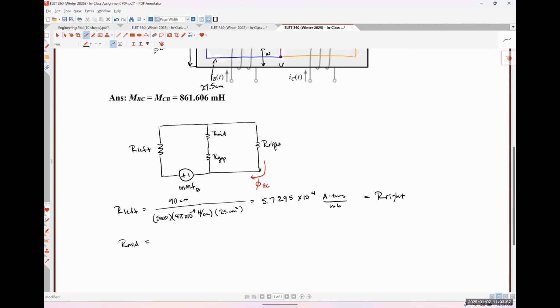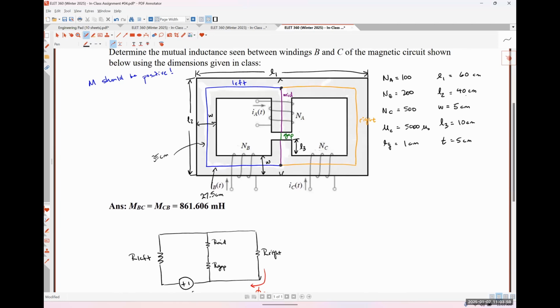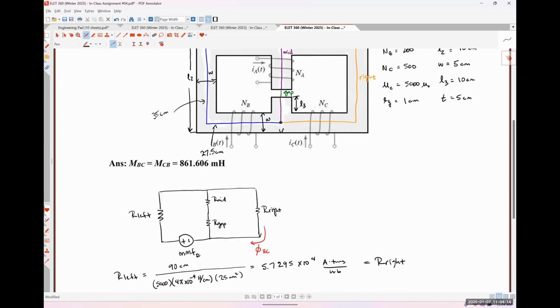So that would be 40 minus 5 minus the gap. So 40 minus 6 is 34 centimeters. Are we okay with that? Does that logic make sense?